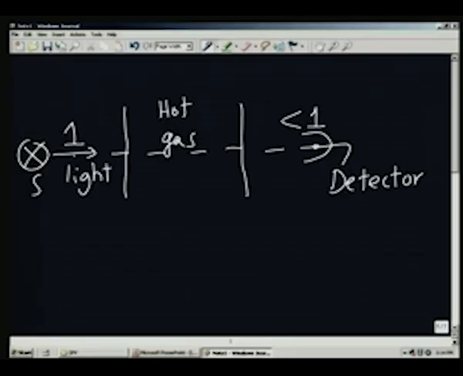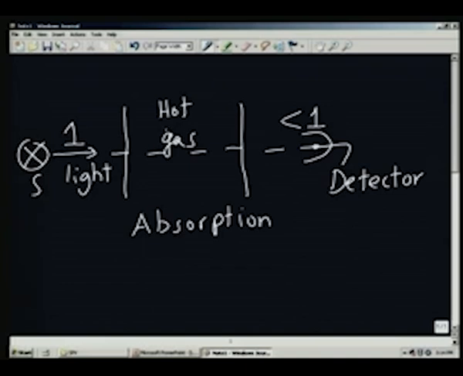The difference or the change from 1 to less than 1 is because of absorption. So, absorption reduces the amount of light which is passing through and falling on the detector.